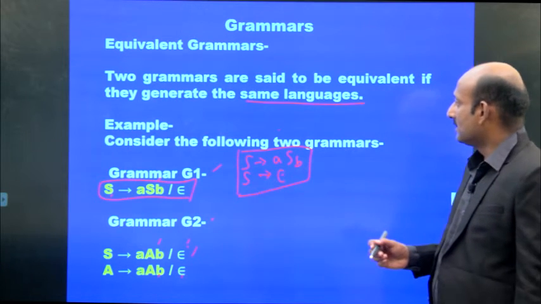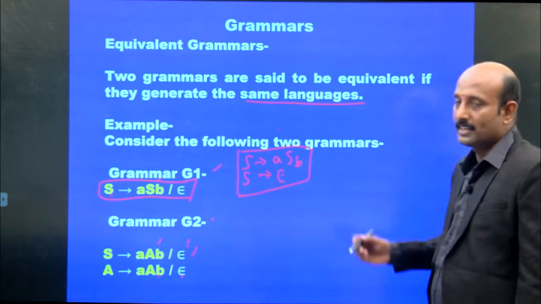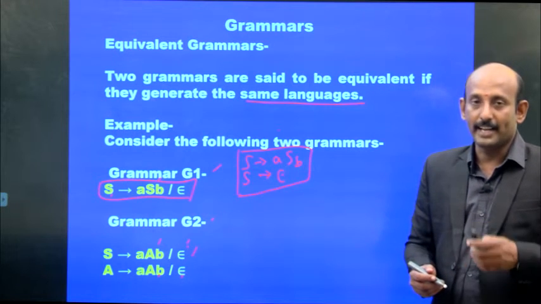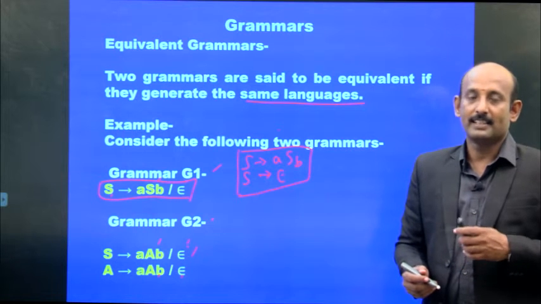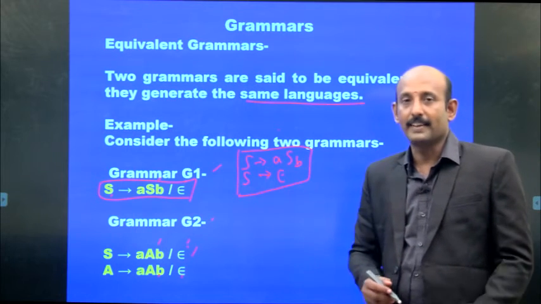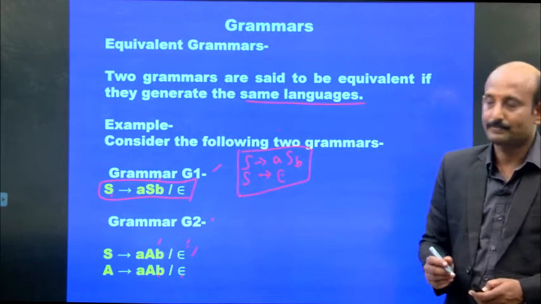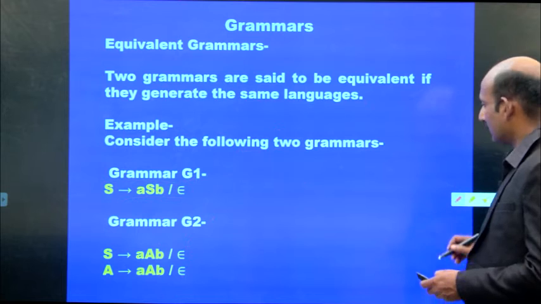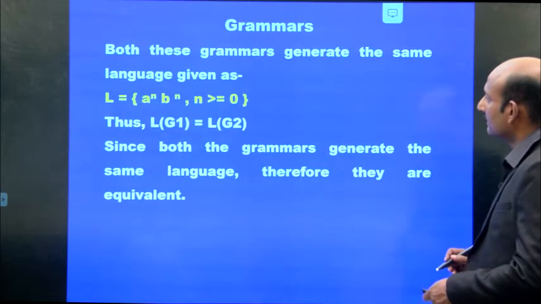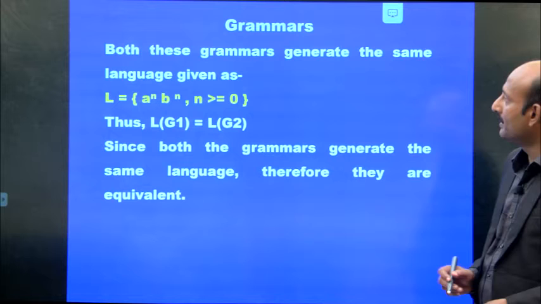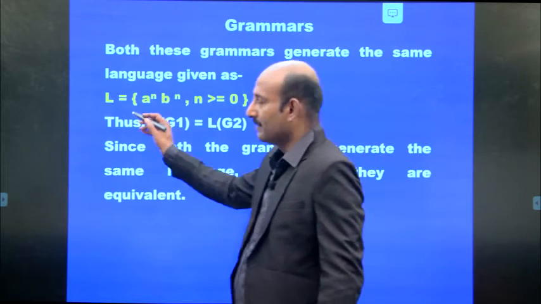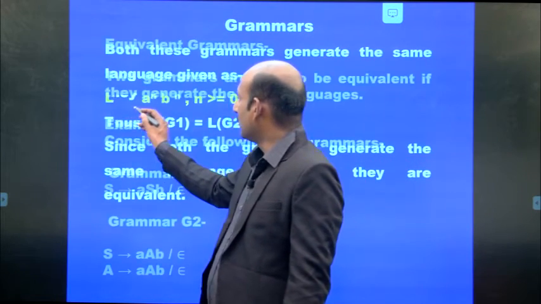If so, we can call them equivalent grammars. A language is nothing but a set of strings, and languages are written in the form of L.